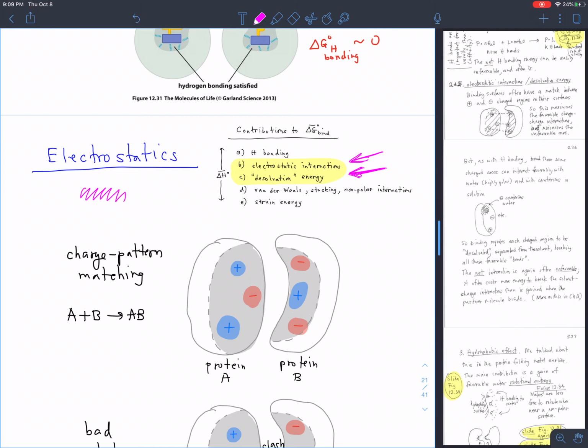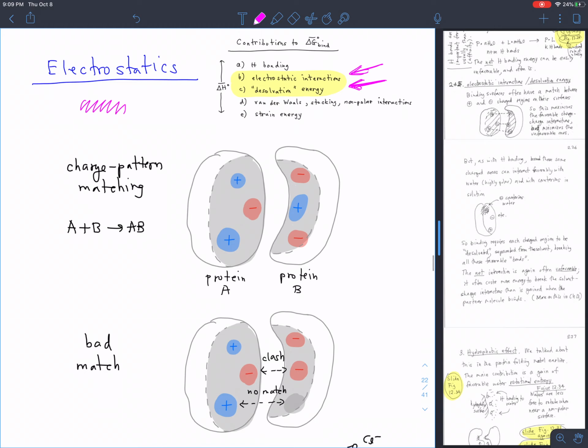I'll explain what that is now. So the electrostatic interactions are charges or charged regions, polar regions on, let's say, a protein surface. So you've got 2 big molecules coming together, 2 proteins, say, but it doesn't have to be 2 proteins. It can be a protein and a nucleic acid, or a protein and a smaller molecule, or 2 small molecules, even, for that matter.